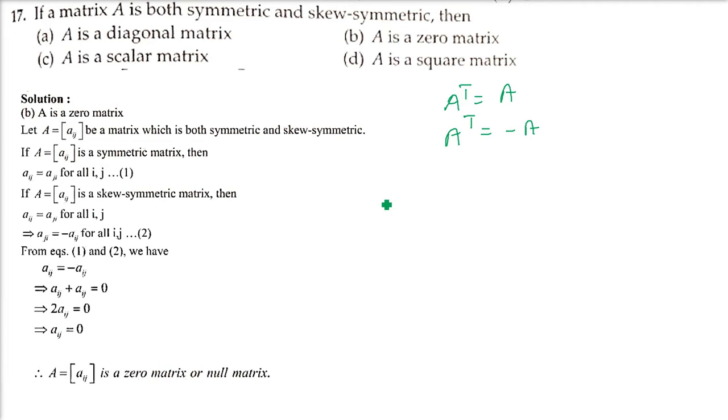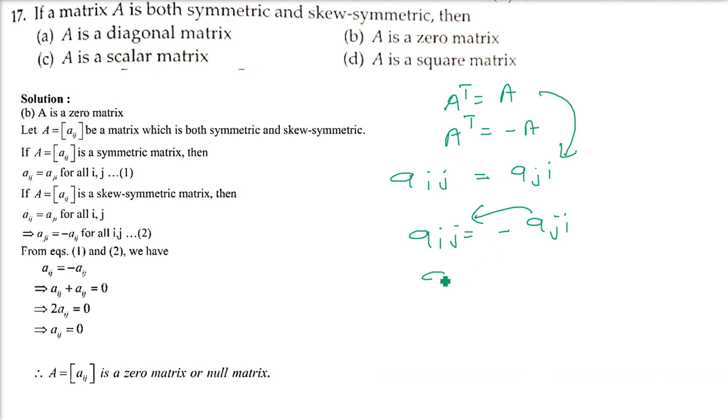In the transpose, Aij will change to Aji, that is, the row and column we are exchanging. So if we say that it is symmetric, then Aij has to be equal to Aji. This has come from the first relation, that is symmetric. Now when we take the skew symmetric, because it is being said A is skew symmetric also, Aij will be equal to minus Aji. Row and column will change.